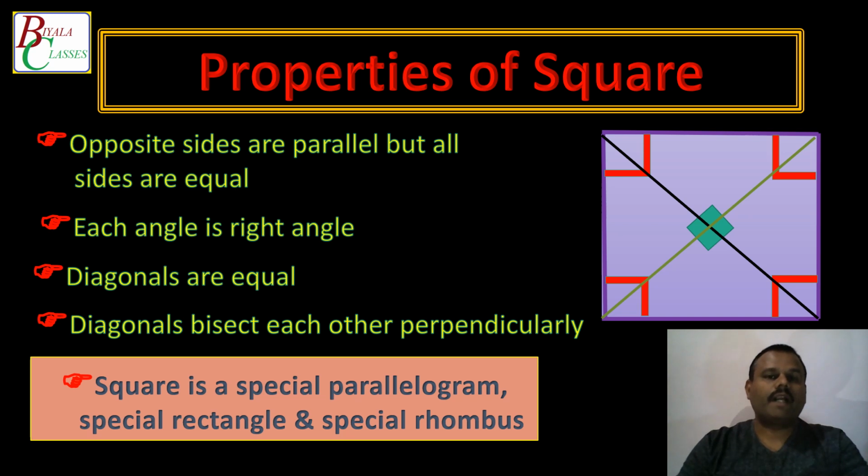Why a special rectangle? Because in a rectangle, if the adjacent sides become equal, or in other words all the four sides of a rectangle are equal, then it is considered to be a square. And why a special rhombus? A rhombus already has all four sides equal. The only difference is each angle: if each angle of a rhombus is made 90 degrees, then it is a square.